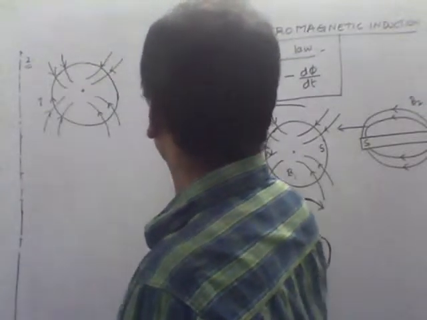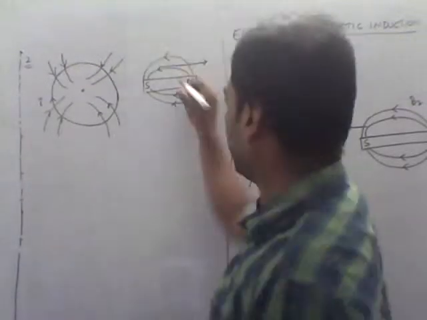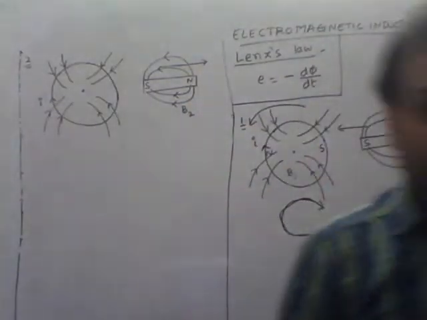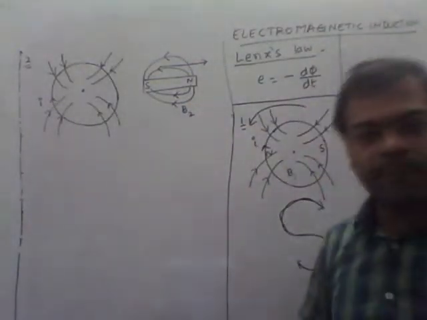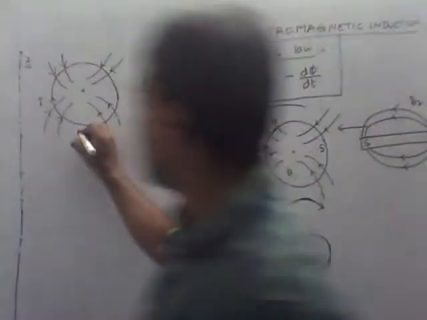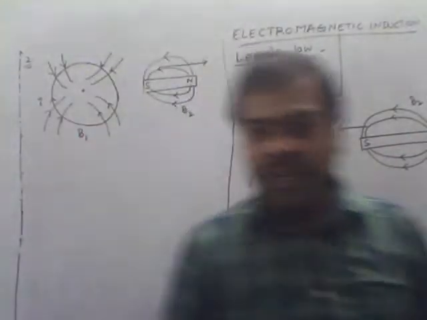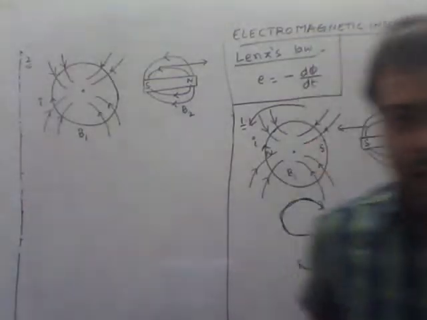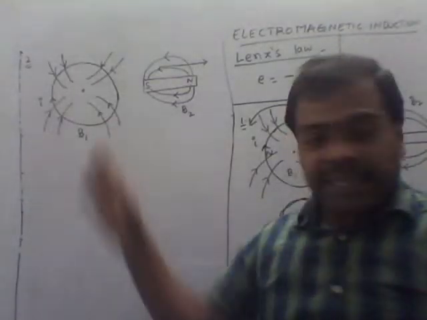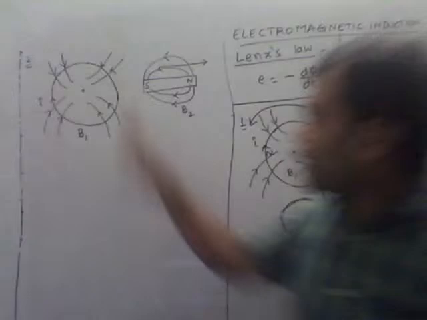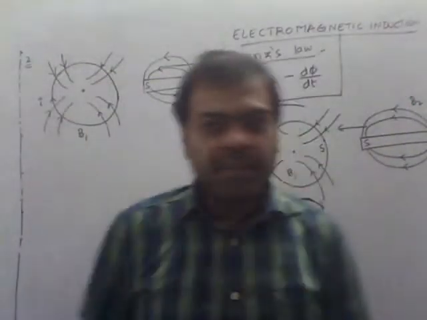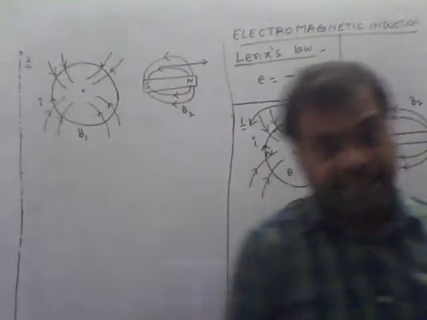Here B2 is the magnetic field due to the bar magnet, and B1 is the magnetic field due to the circular coil. Whenever the magnet is moving away, the coil must attract the magnet.